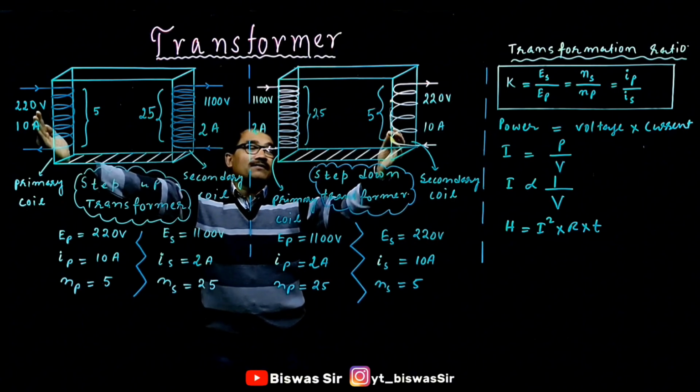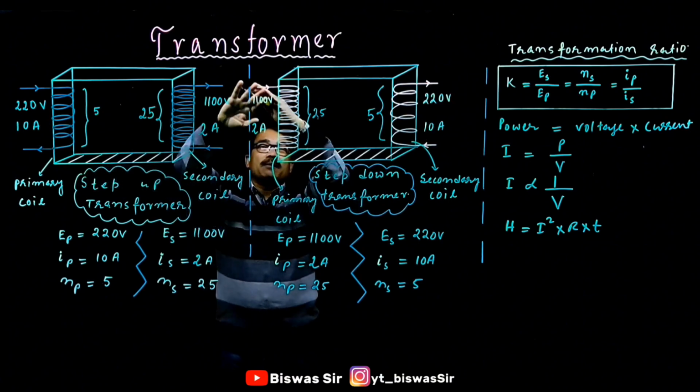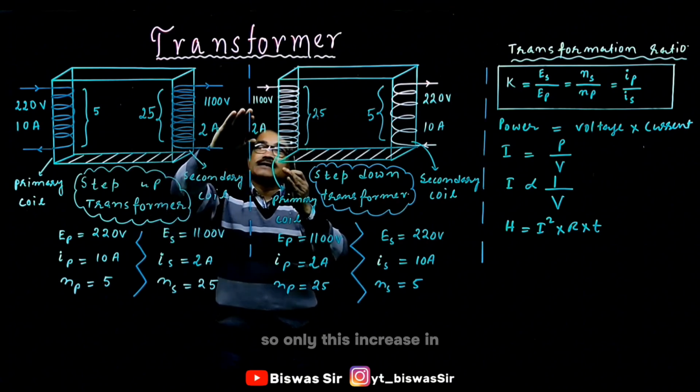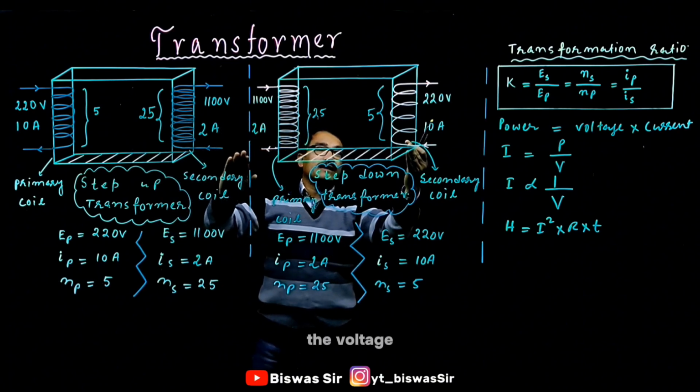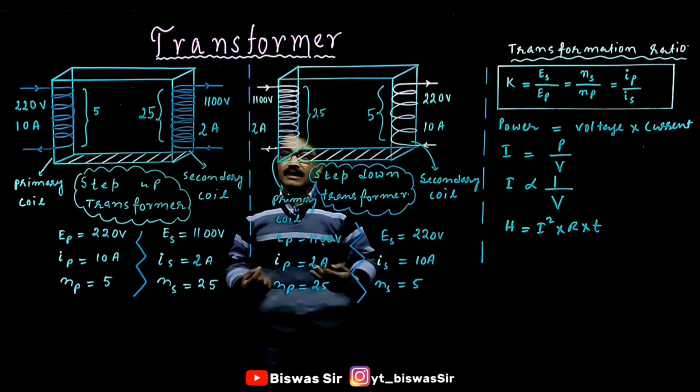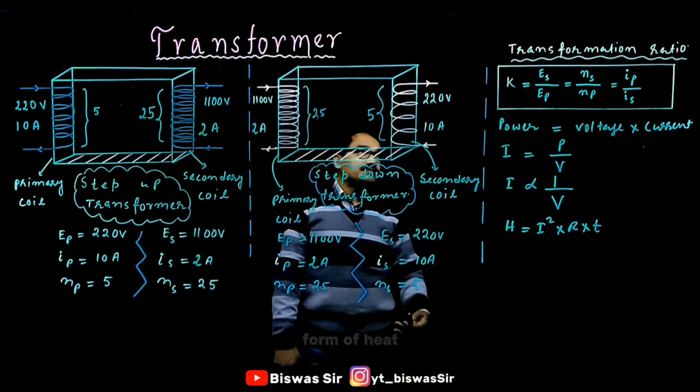So the original configuration is restored after the entire process is completed. This increase and decrease in the voltage is only in order to reduce the loss of current in the form of heat.